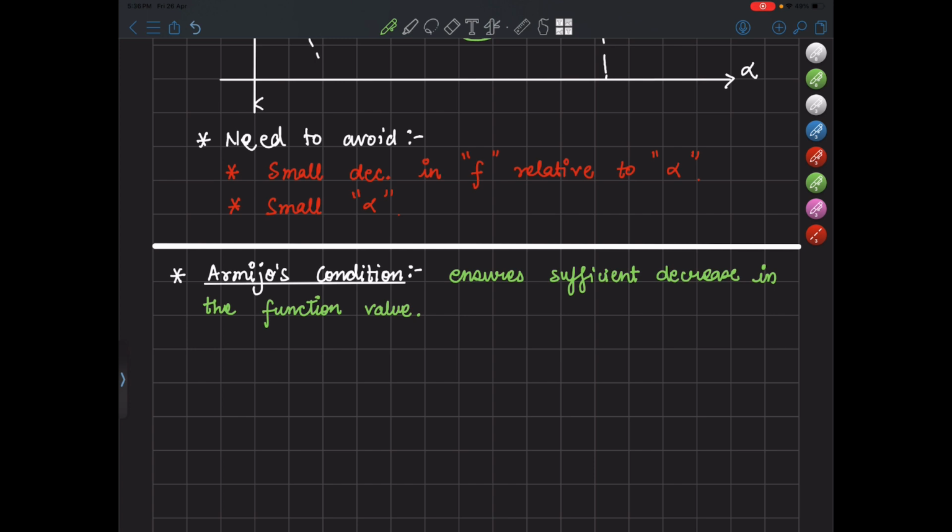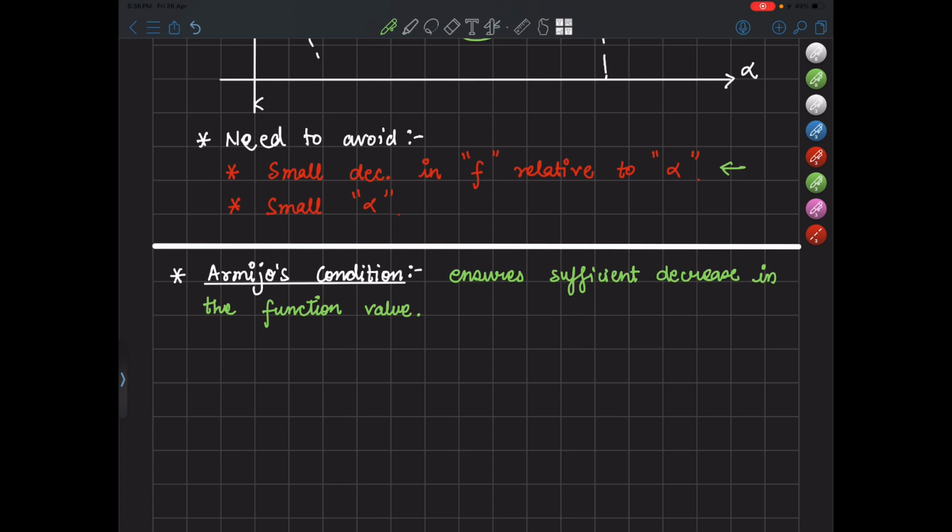All right. So what is it? Basically it tries to solve the first condition, that there is a sufficient decrease in the function value, but how does it do it? What are the conditions?